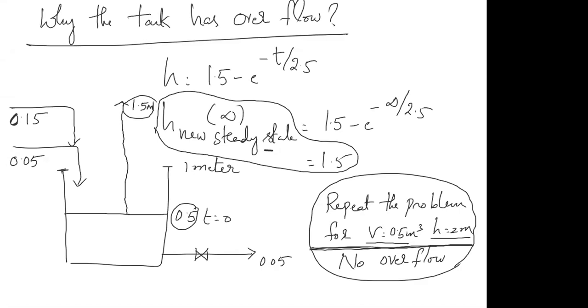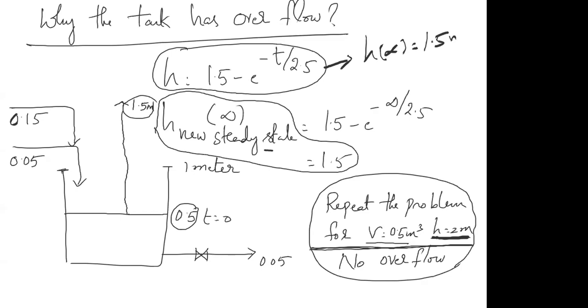Whereas if you take a tank height of 2 meters, then you will not have any overflow. So this is the height. What is H of infinity? That is the new steady state. H of infinity is 1.5 meters.